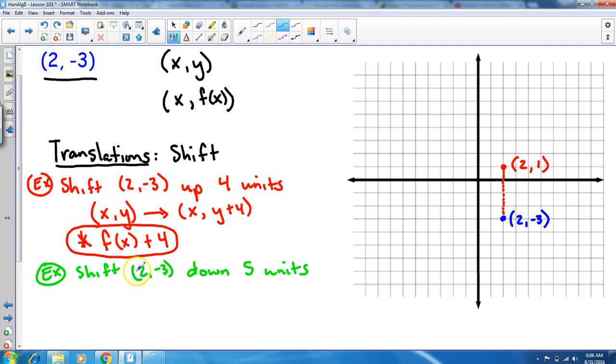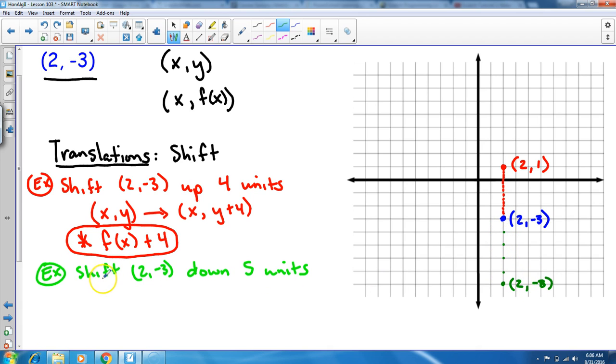But in this example, we want to shift this thing down 5 units. So take this original point, remember (2, -3) is our original, and we're going to go down 5 units. So 1, 2, 3, 4, 5. The new coordinates, we stayed at 2, and our new coordinates are now down at -8.